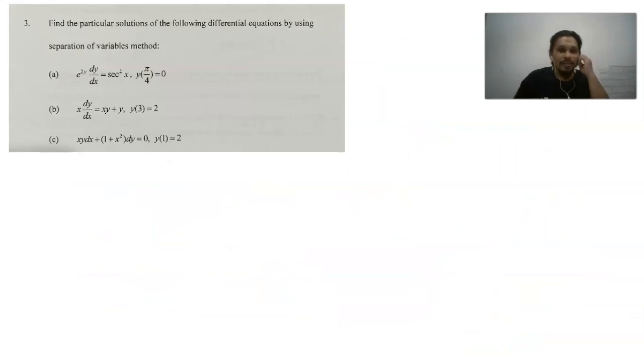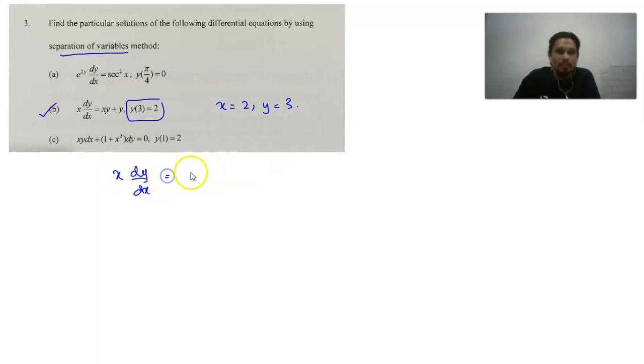For this one, I'm going to choose a particular solution of the equation using the separation of variables method. Let's see if I choose question B. It means that here, when x equals 2 and y equals 3, x dy/dx equals xy plus y.